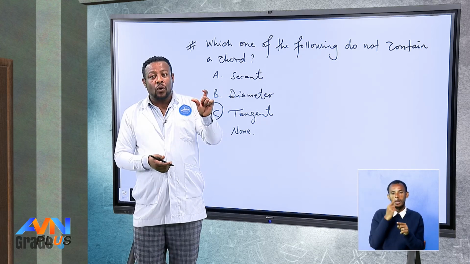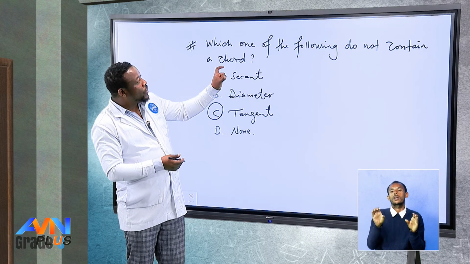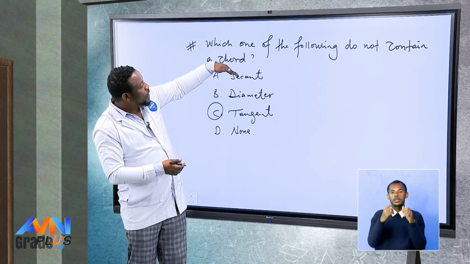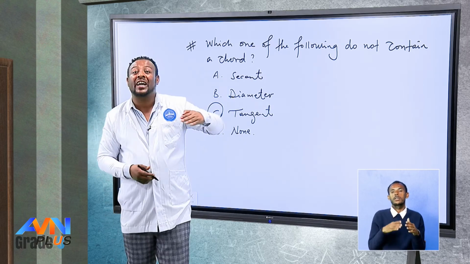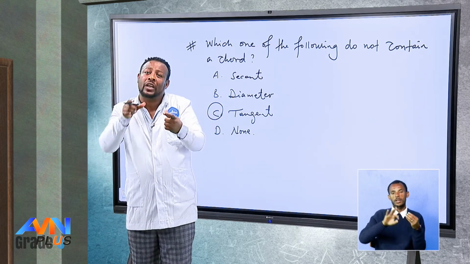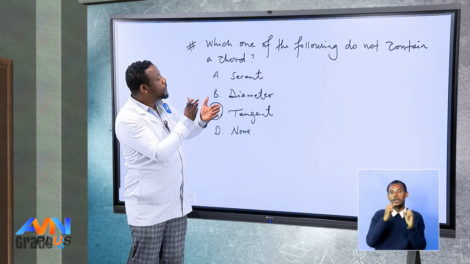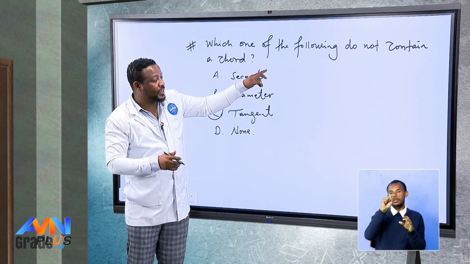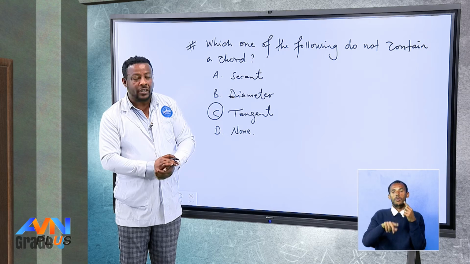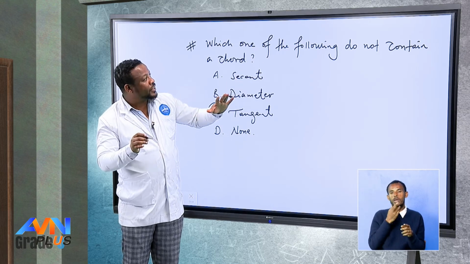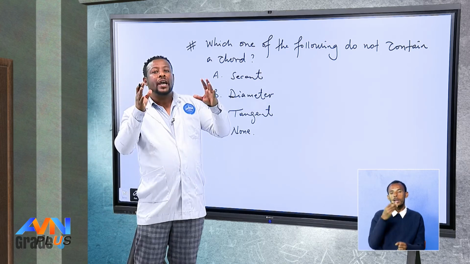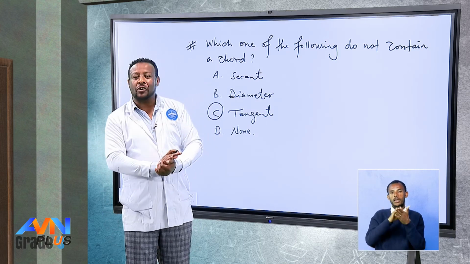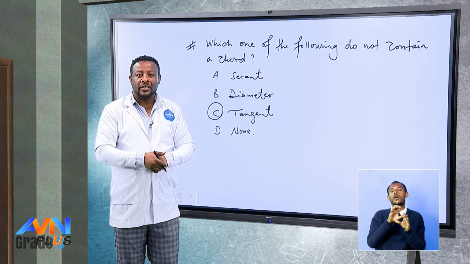So a chord can be on a secant line, because a secant line crosses or cuts the circle at 2 points. So the chord can be overlapping on secant. So it contains. A cannot be the answer, because we are just searching for a line that do not contain a chord.